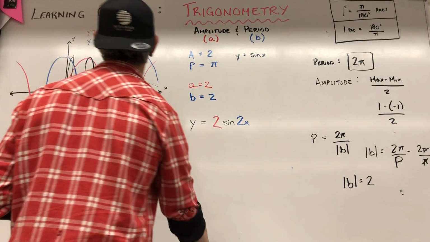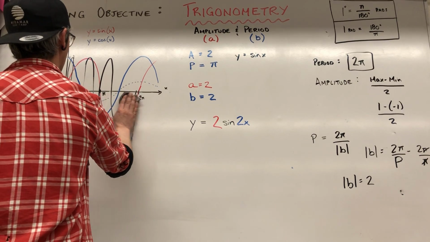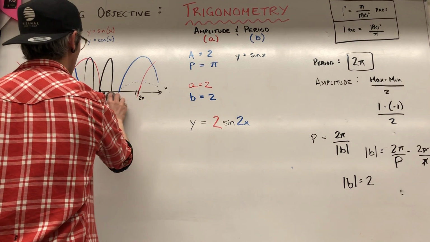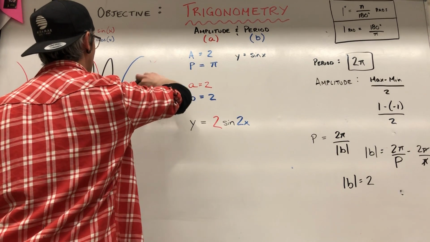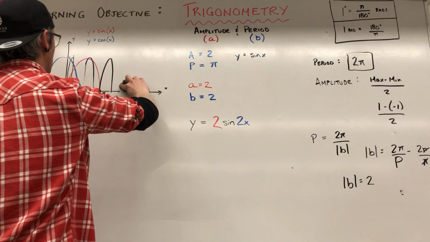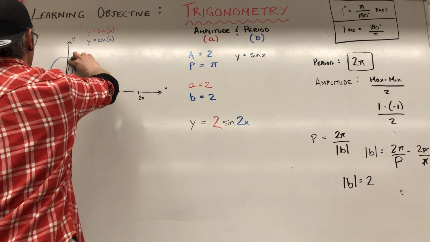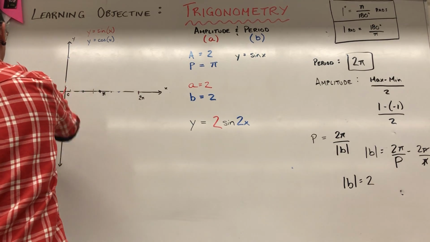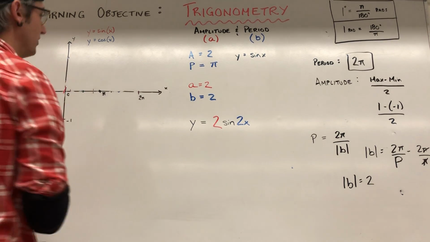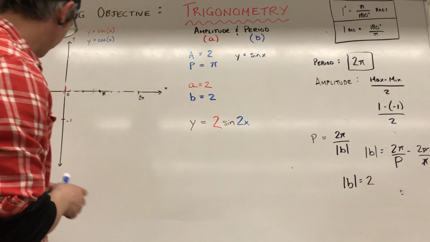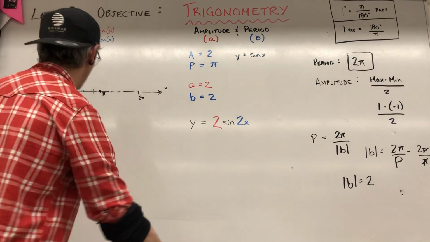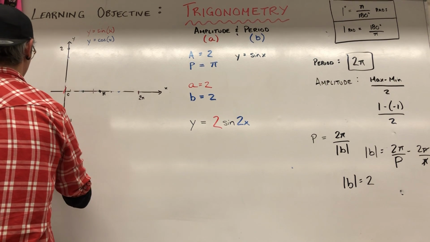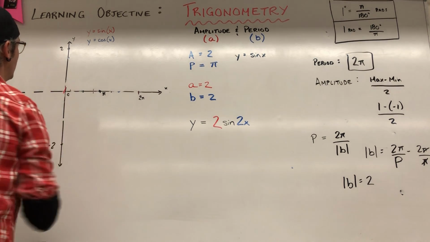And if I were to graph this guy, well, first thing I know is it's going to have a peak of 2 and a minimum of -2, right? Because it's got an amplitude of 2.